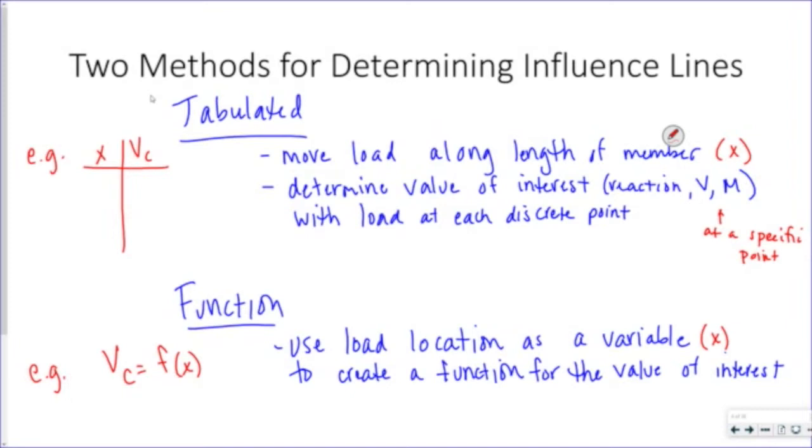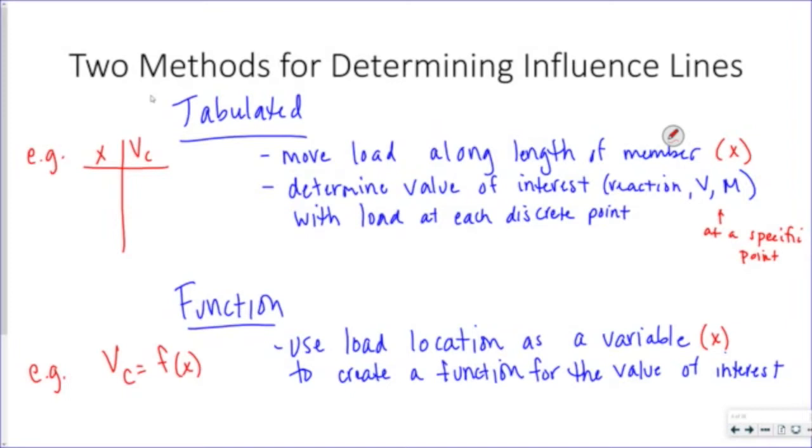So they can be kind of confusing compared to shear and moment diagrams. They're not telling you the same things. Shear and moment diagrams have fixed loads and you're looking along the length to find how the shear and moment changes.